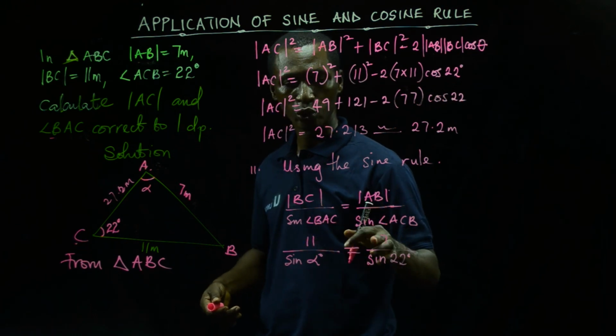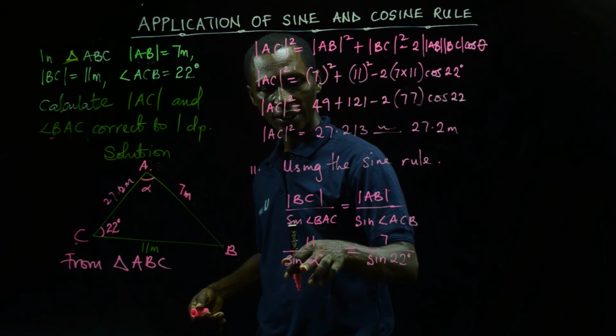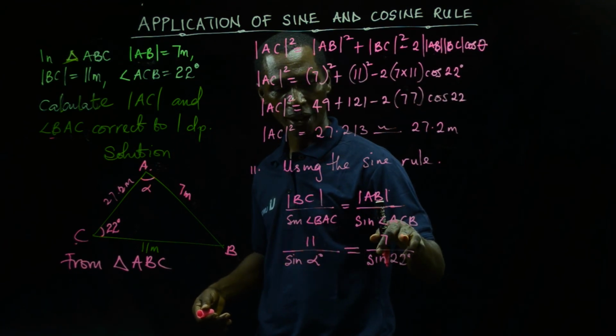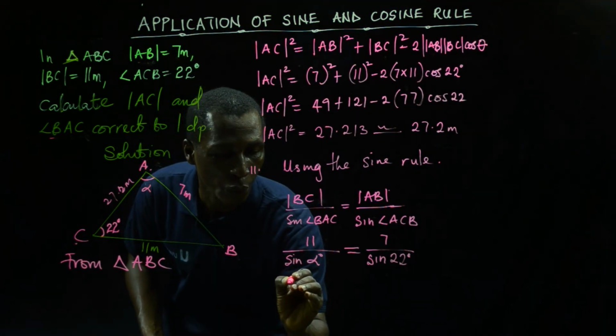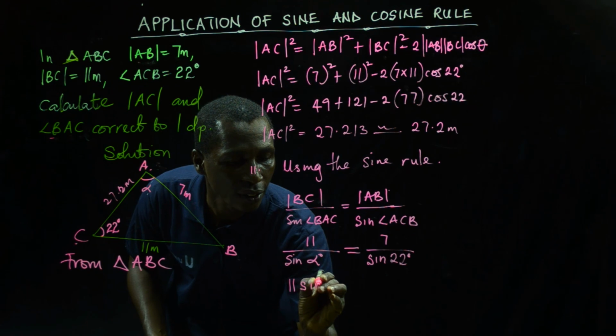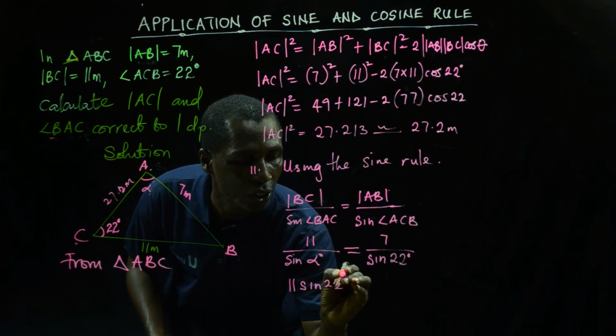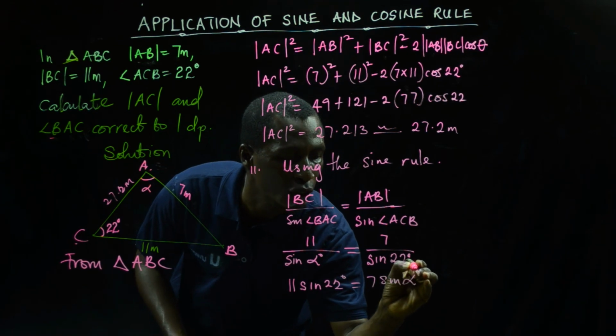When there's an equal sign between two fractions, sine 22 will come here, and sine alpha will come to this part. Then 7 will divide. So just apply cross multiplication. When I apply, I'm having 11 sine 22 degrees equals to 7 sine alpha degrees.